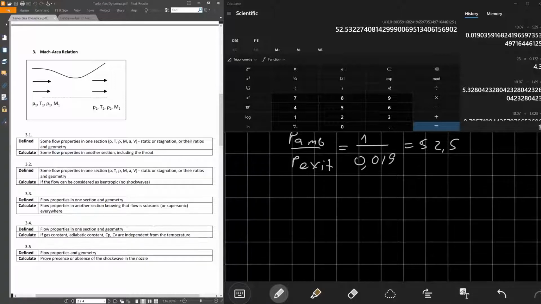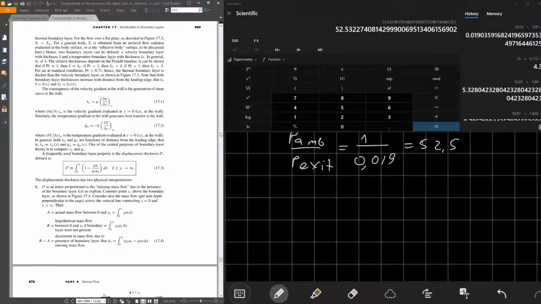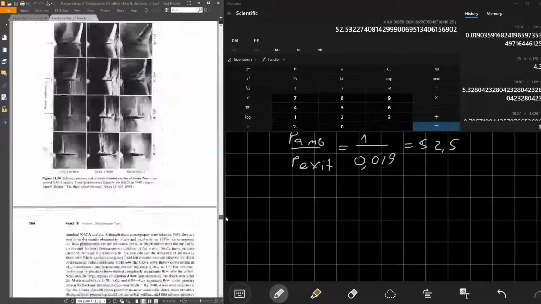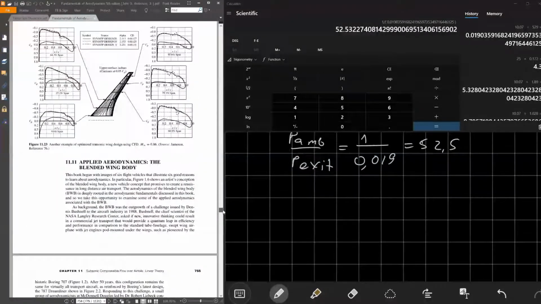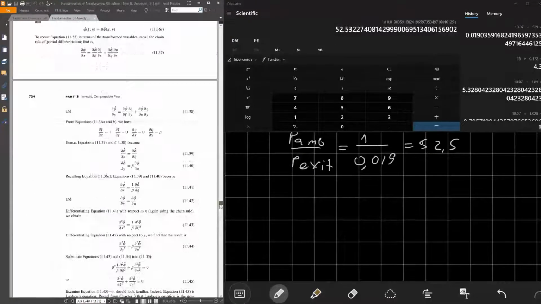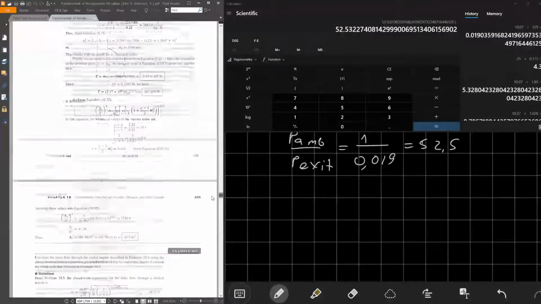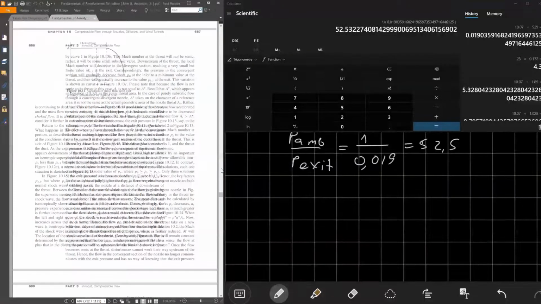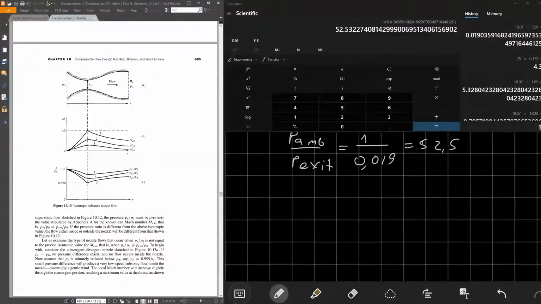If you read the Anderson carefully, you see that, as I already just showed you recently, let's go back to this chapter, that flow can be subsonic in the converging and also in the diverging part of the nozzle, or can be supersonic in both. Okay, this case right here. And the flow will correspond also to the isentropic relations.